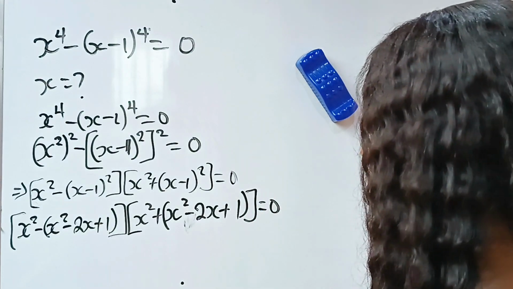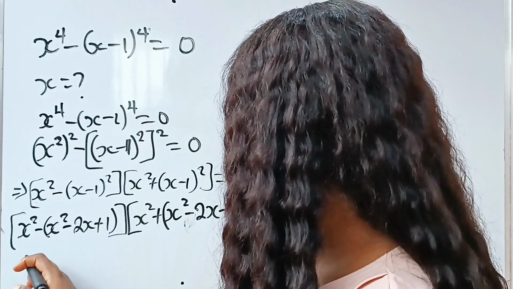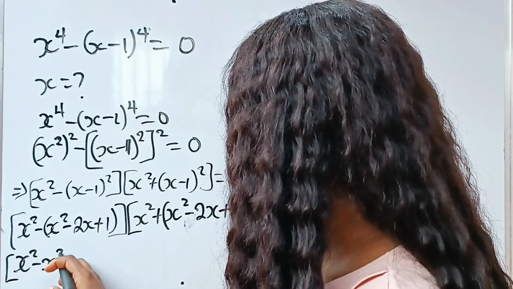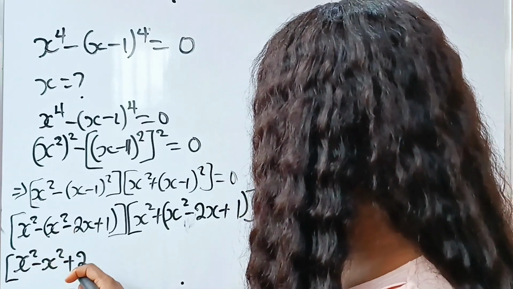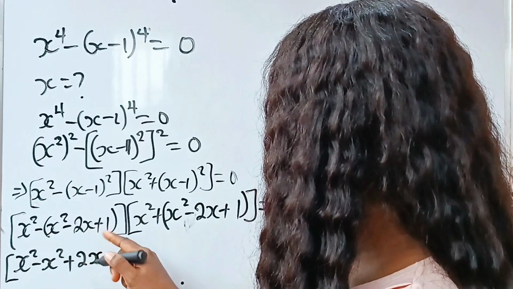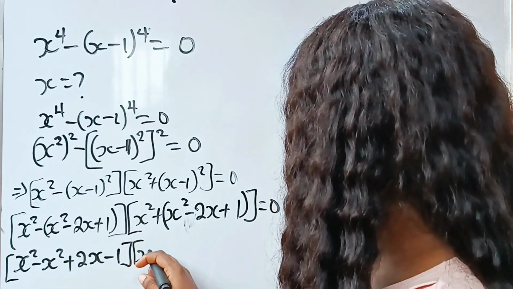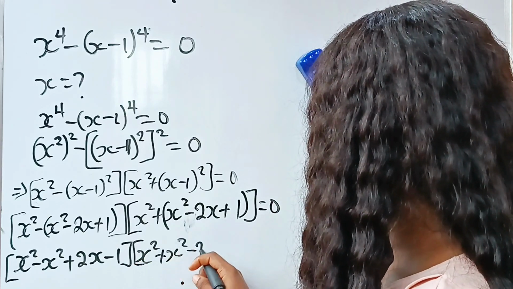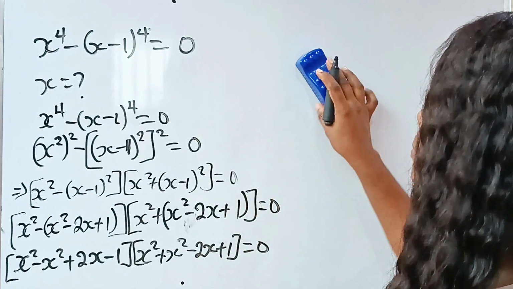Okay, now let's continue. Let's open this bracket. If we do, we will have x squared minus x squared, minus is plus, plus 2x, minus plus 1 is minus 1. Then for this side, we will have x squared plus x squared minus 2x plus 1 is equal to 0.